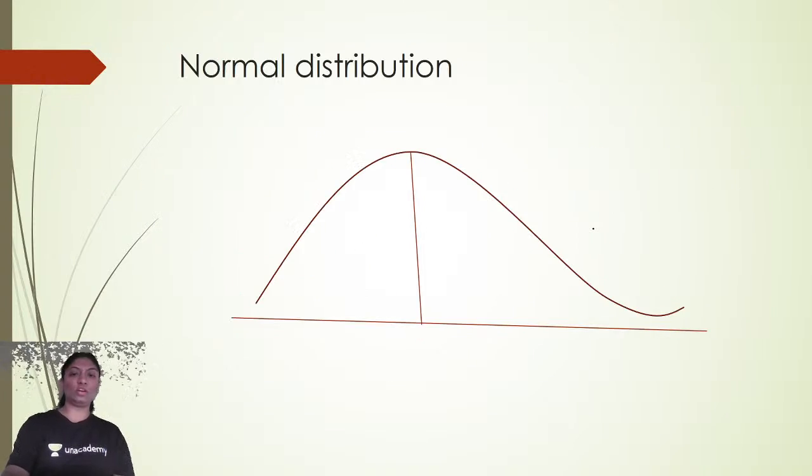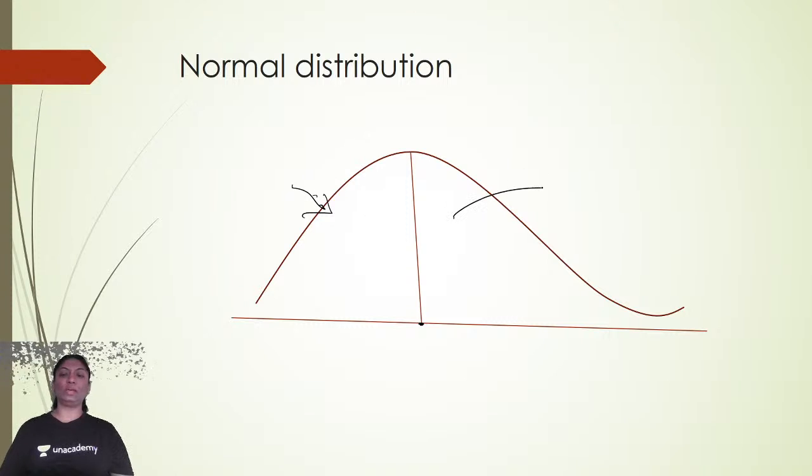So whatever your normal distribution is, see, this is your normal distribution. Now generally the normal distribution has this central value. Okay, so it is equally distributed from the left and from the right. If this equal distribution is not there, then we consider it either positively skewed or negatively skewed.